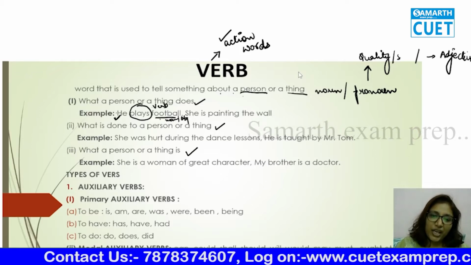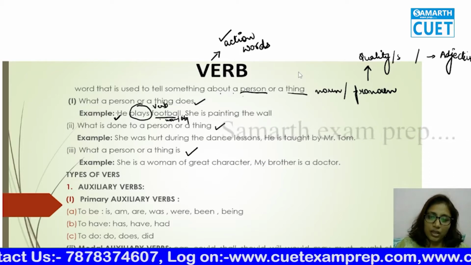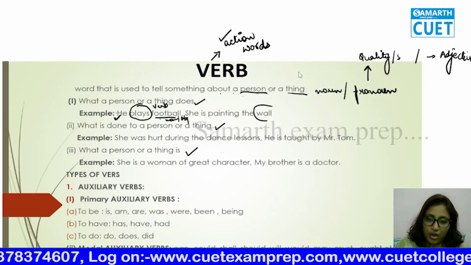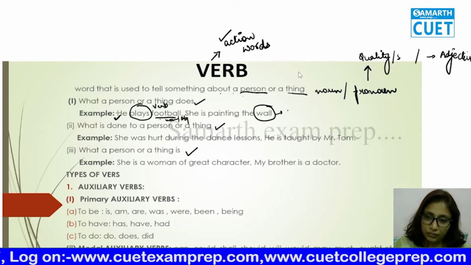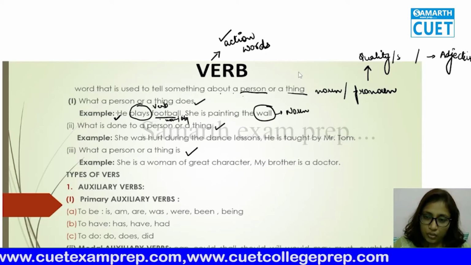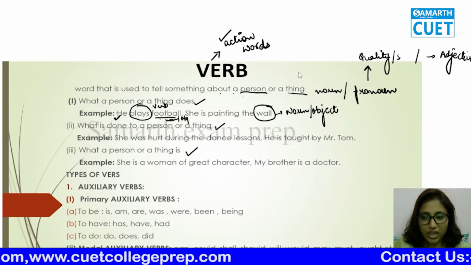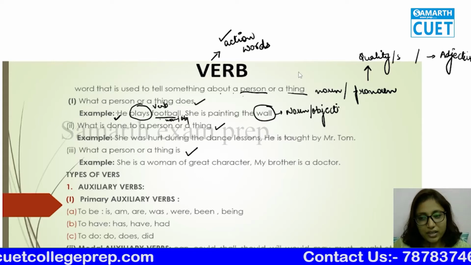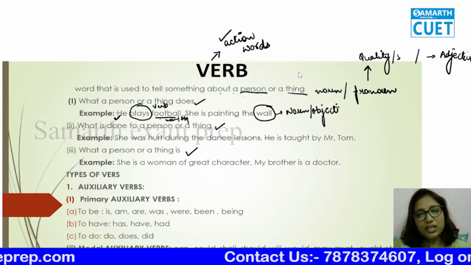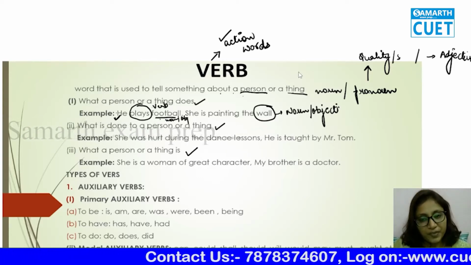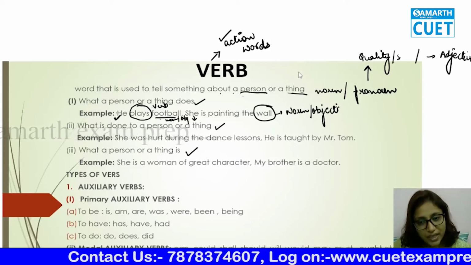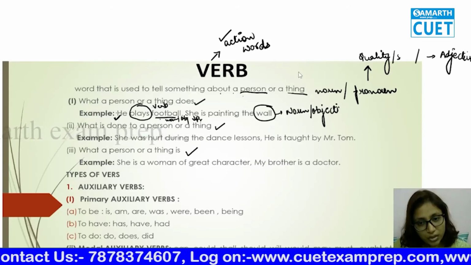Now she is painting the wall. Wall is again noun or an object. It is in an objective way because this is object because it is in the predicate. Now she is the subject as well as pronoun.